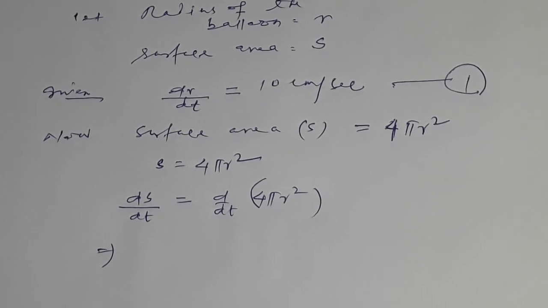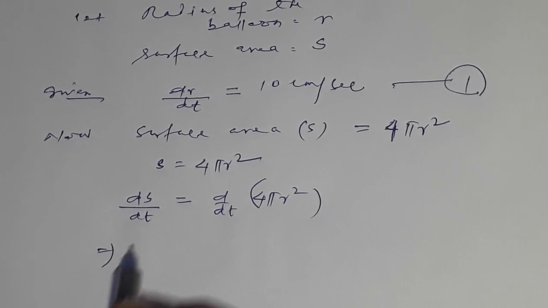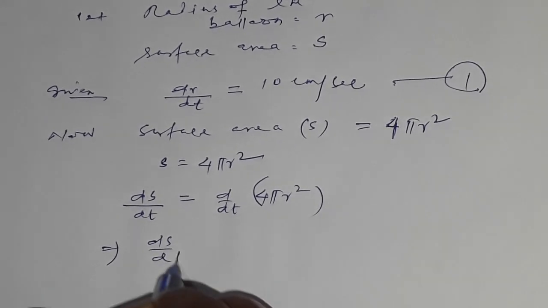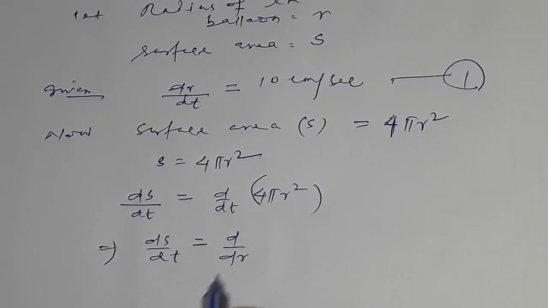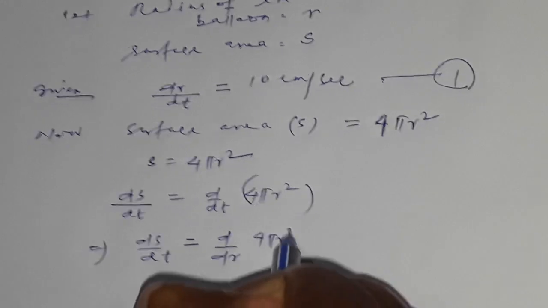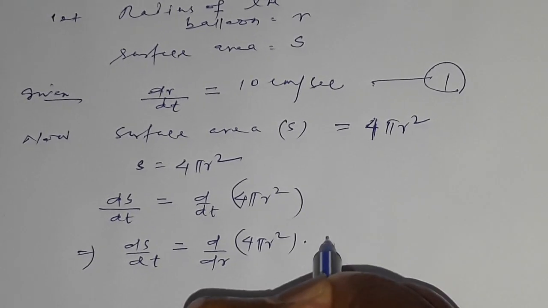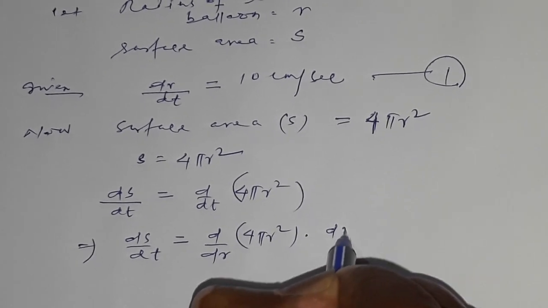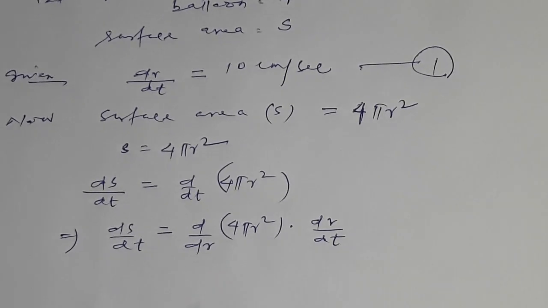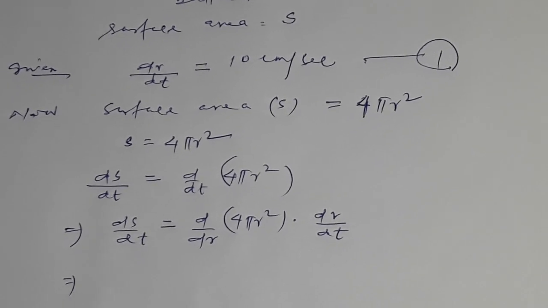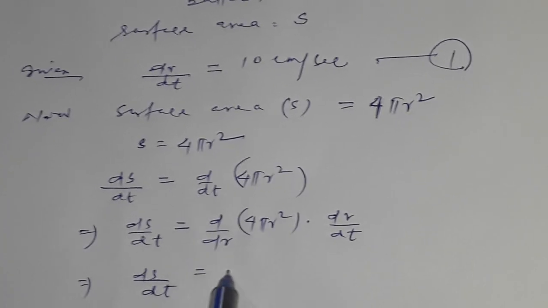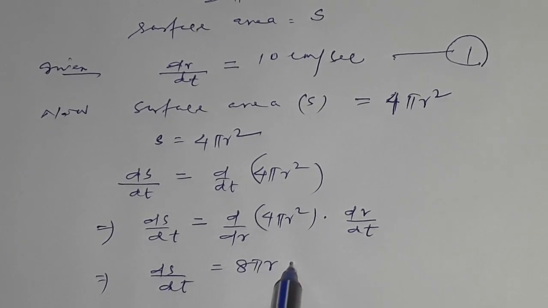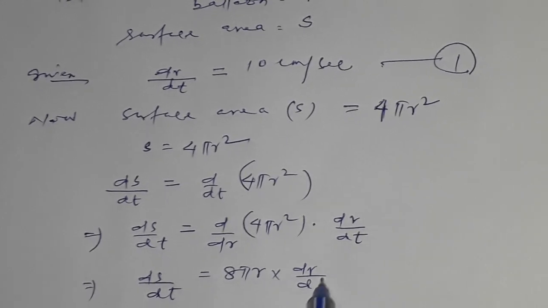This implies dS by dt equals d by dr of 4 pi r squared into dr by dt. This implies dS by dt equals 8 pi r into dr by dt.